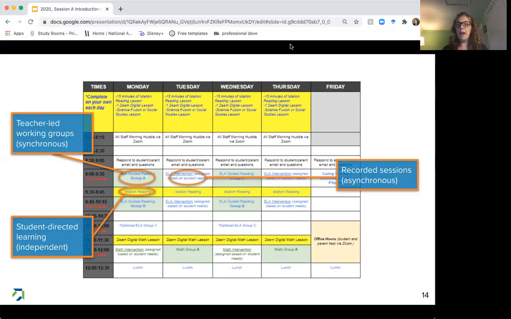Students the next day might actually be watching a recorded session and then working on work product. There are lots of choices we make, and students experience a variety of modalities within the day, and sometimes even with lessons within a high-quality remote environment.